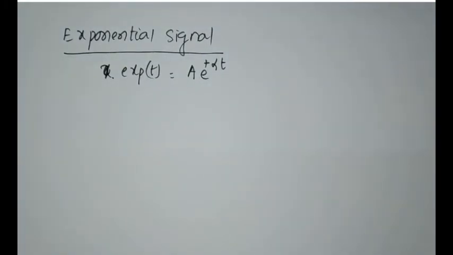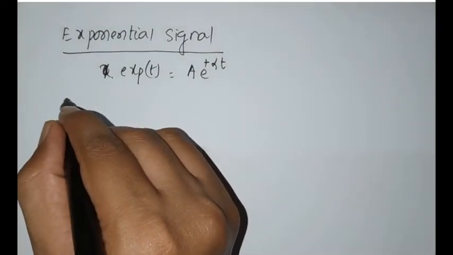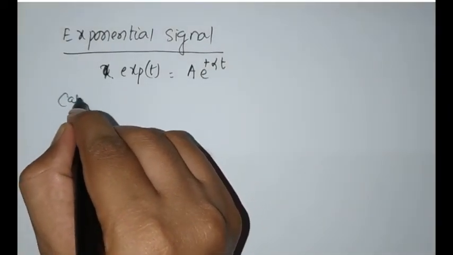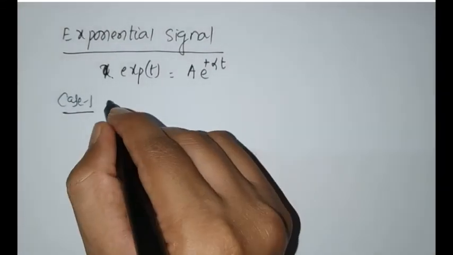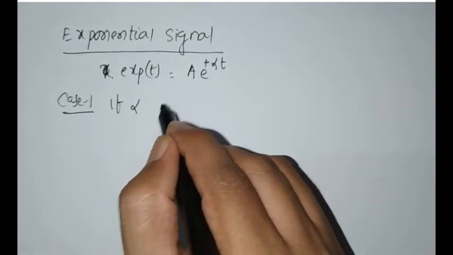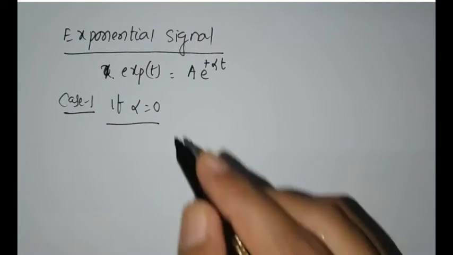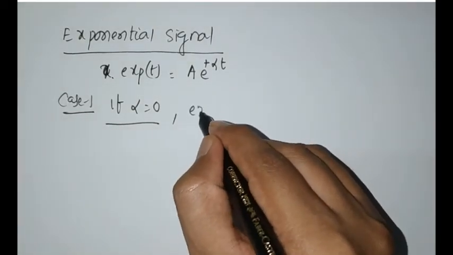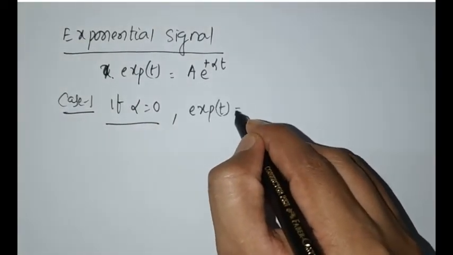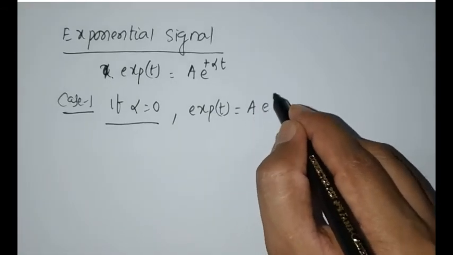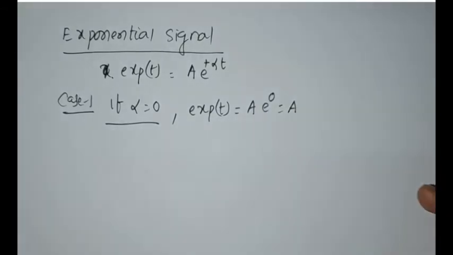Now from here we can get a number of cases. Case 1: if alpha equals 0, then what will happen? Then exp t equals a e to the power 0, that is a.